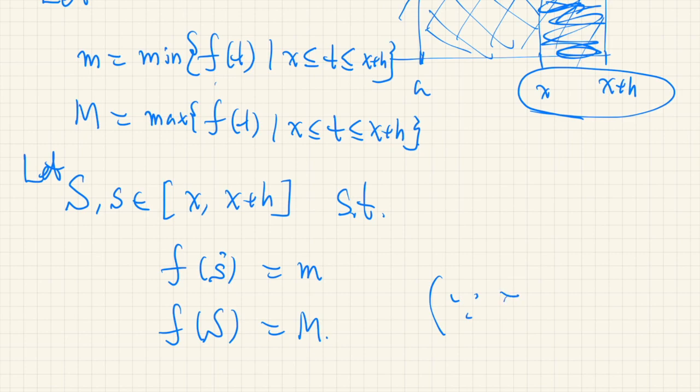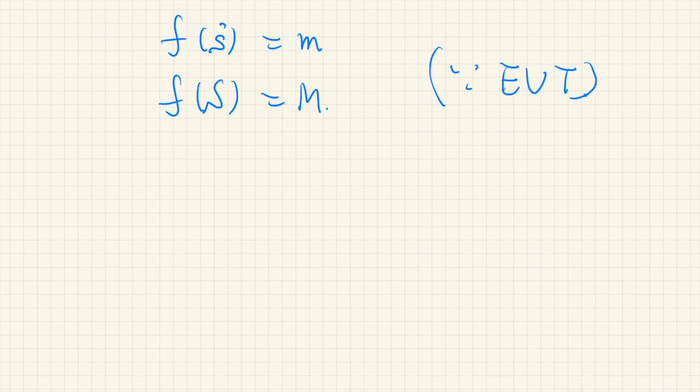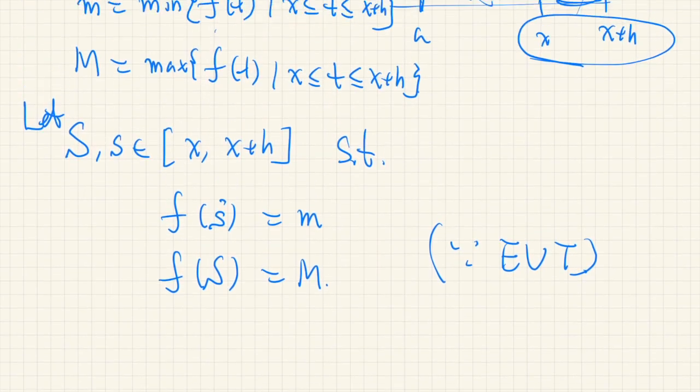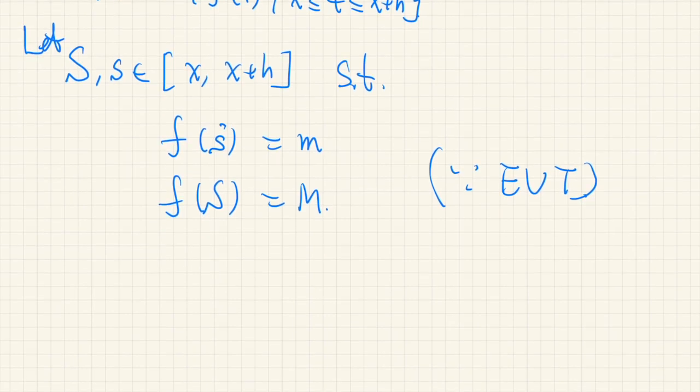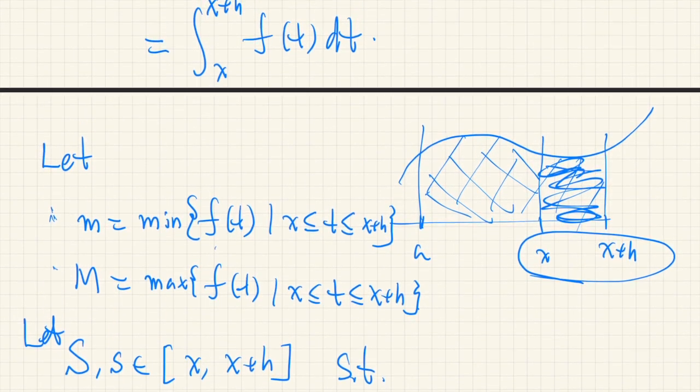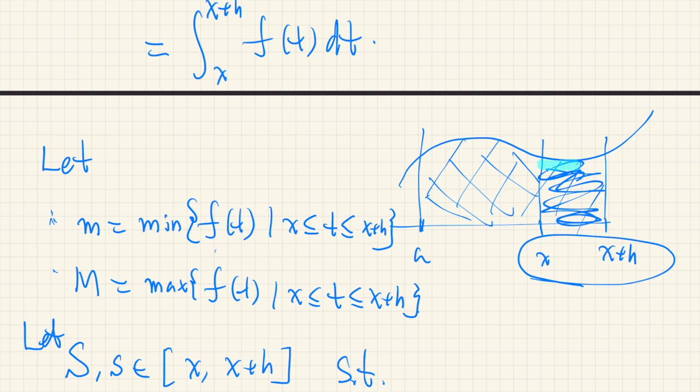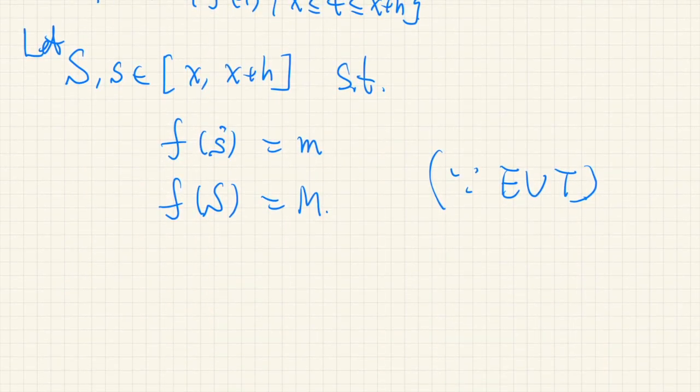Now, because of the way we define lowercase m and uppercase M, lowercase m is the minimum. So the area of this smaller rectangle is less than the area of this integral, right?